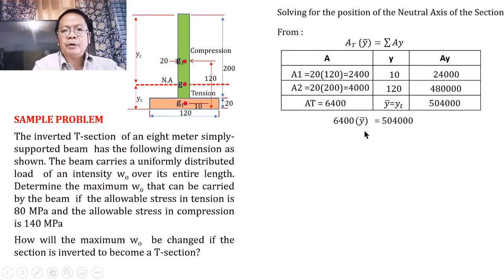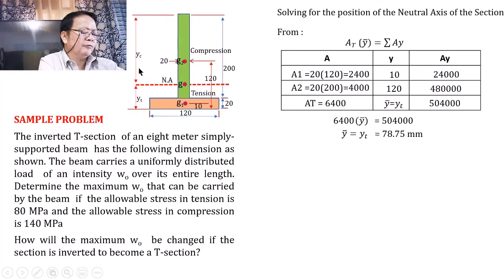So from here, you can solve for bar sub y, which is also the same as y sub t, or the location of the centroid from the selected axis. And that value will be equal to 78.75. Now, kung ang ating y sub t is 78.75, knowing from the figure that here is our y sub c, therefore y sub c can be computed based on the total depth of the section, that is equivalent to 200 plus 20 minus this y sub t.